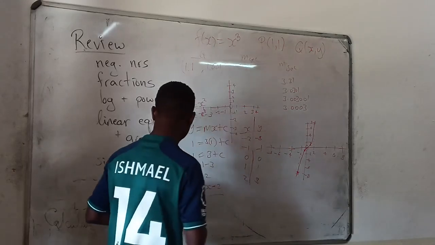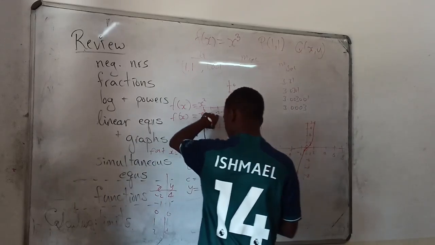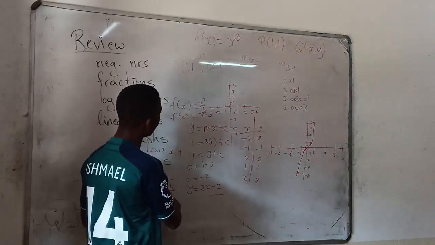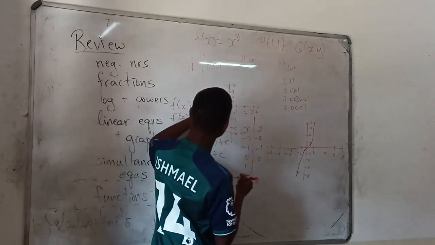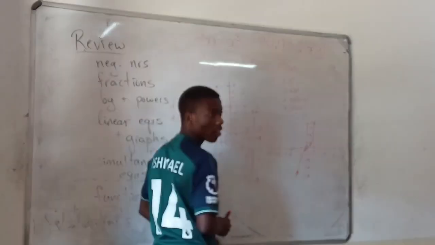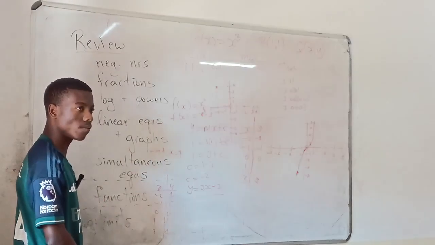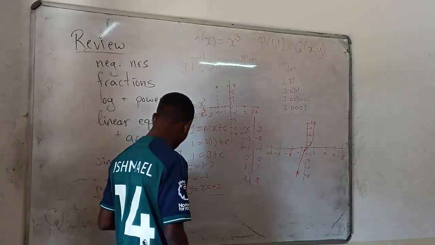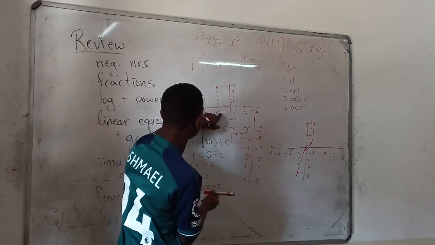Alright, so let's try to plot a graph for this. Negative 2 for x and 4 is here, somewhere here. Negative 1 and 1 is somewhere here.